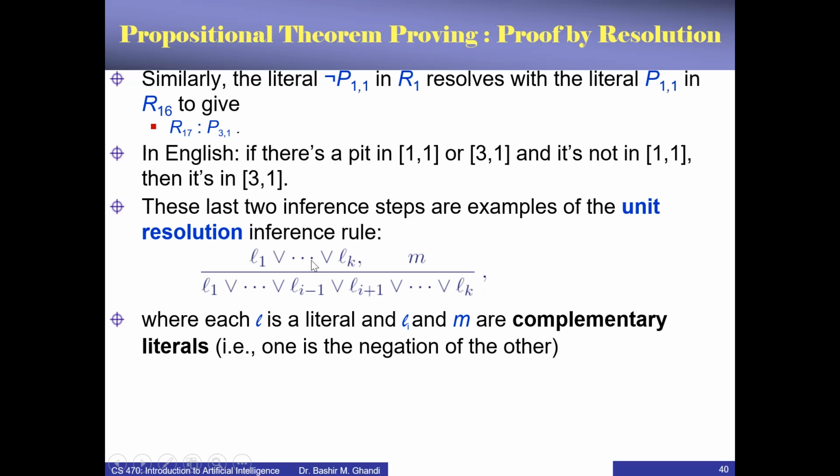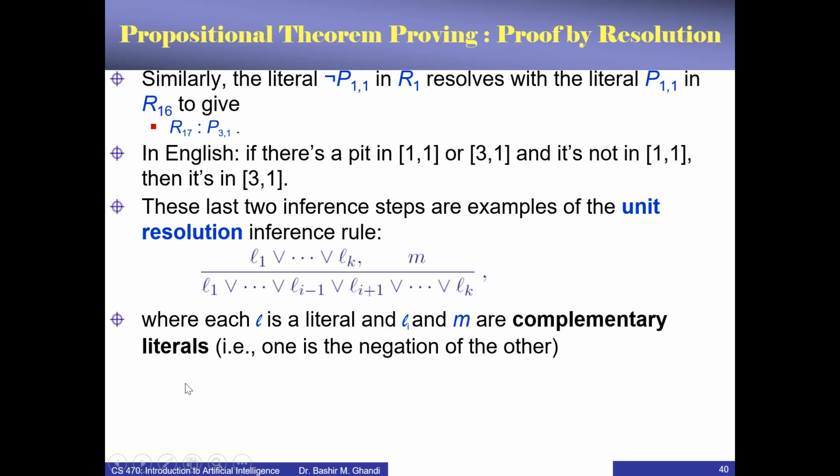Basically what it says is if you have a single literal which has a complement in a sequence of ORs, then you can actually eliminate both. This is what is called unit resolution. Unit in the sense that it is single.